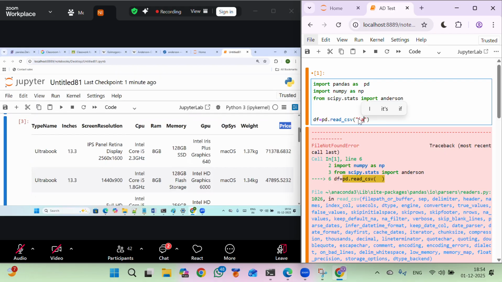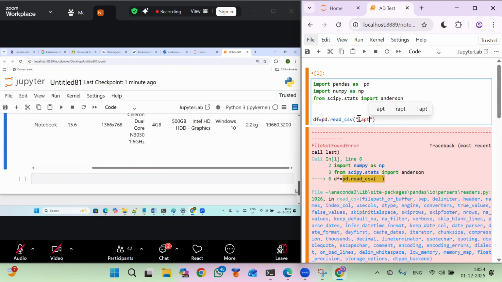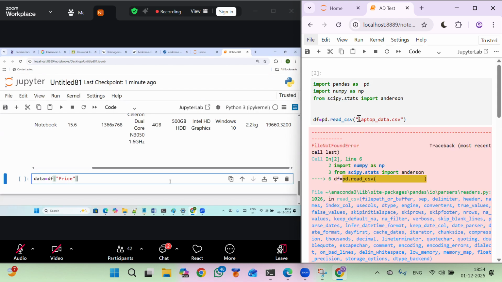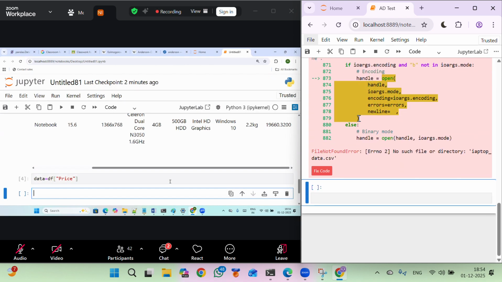That's why we are standardizing it, right? So I'm writing here data equals df of price.